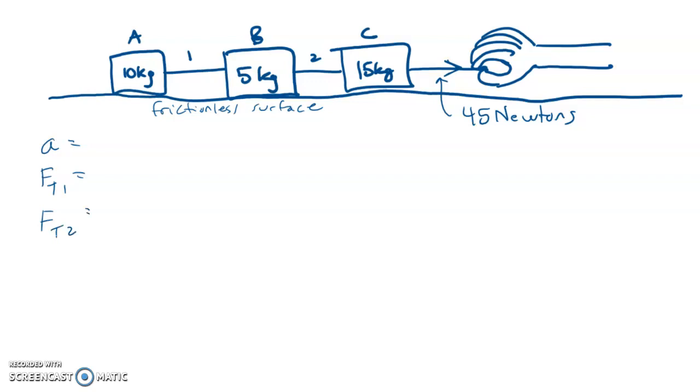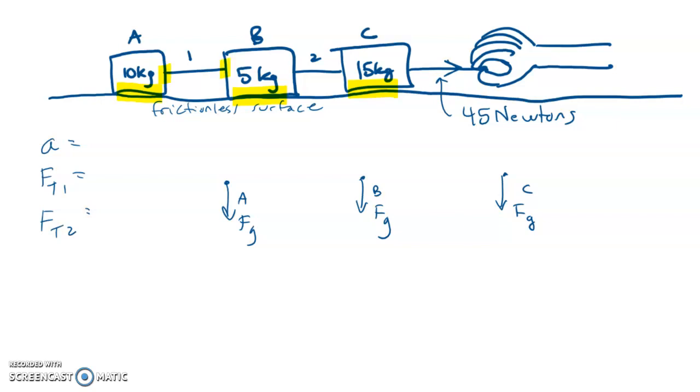So as always, I want to start with a free body diagram, or actually in this case, I'm going to do three different free body diagrams of our three different objects, A, B, and C. I always tell people, start with the force of gravity. Almost always going to have a force of gravity acting on an object. The other thing I think of then is where are these objects touching something? So this object makes contact with the ground. Actually, all three of them make contact with the ground.